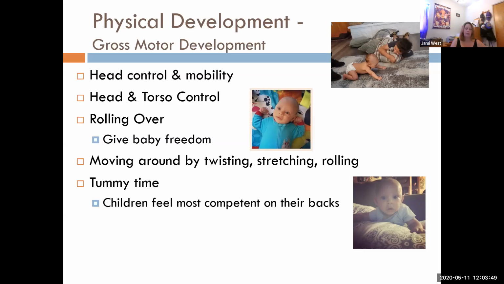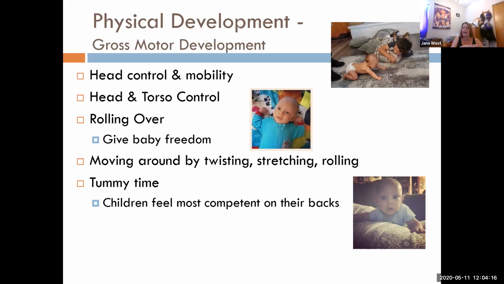So this is what you see in regards to the gross motor developmental progression, okay? So again, if you don't remember gross motor development, the definition, go back and read it. Go back and listen to the lecture, okay? It's important for us to remember that physical development, well, all development happens in a progression, okay?